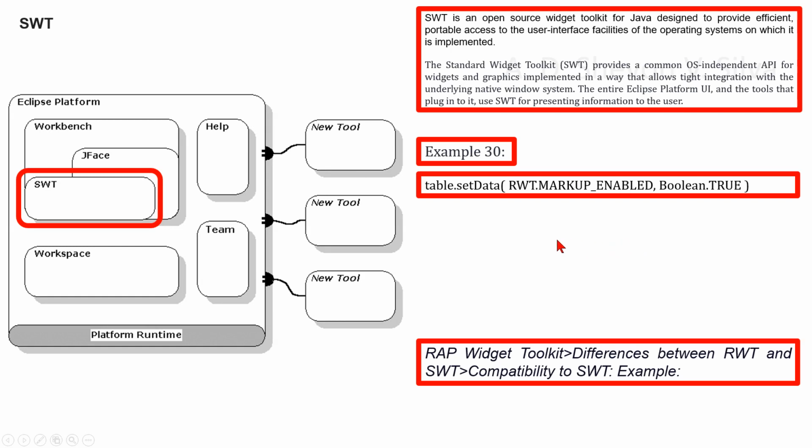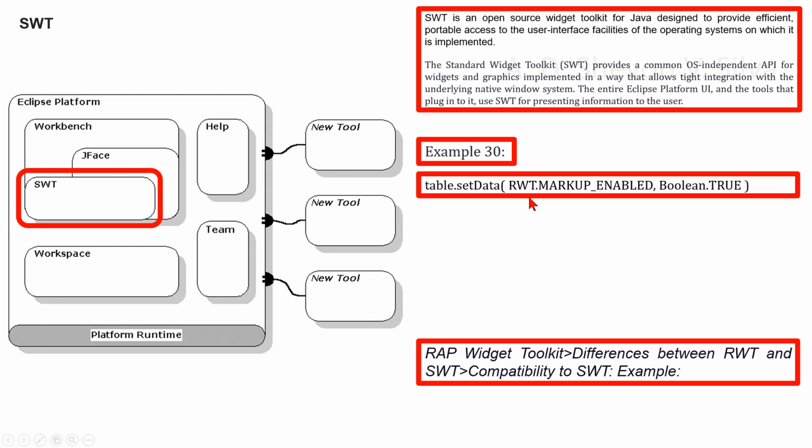SWT was developed for desktop application, but RWT is used to build a web application. For this reason, there are some features that SWT supports that RWT does not, while RWT adds some features that are tailored to the specific requirement of web application development.